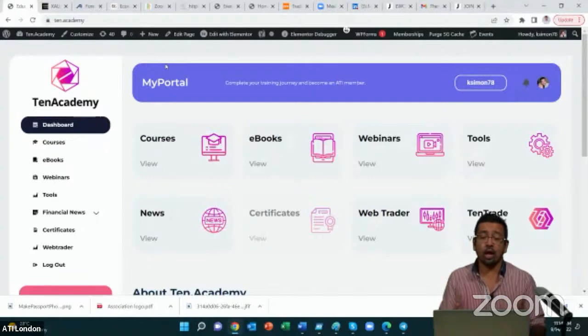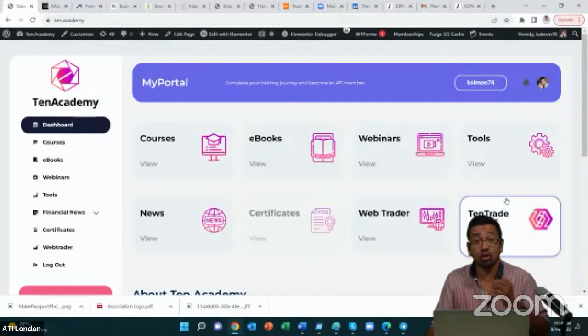You've got your economic calendar, your calculators, your heat maps, and various other things. So you wouldn't need to go from one website to another to do your research. And researching is key in analyzing the market.